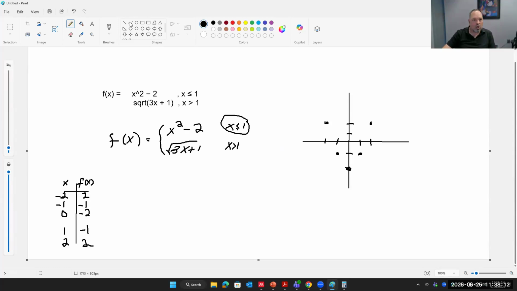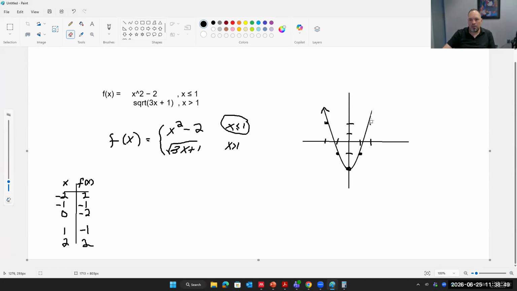Now, I could make the full curve there. In fact, I'm going to leave it there just because it came out nice enough. But at the end of the day, this restricts it to less than or equal to 1.